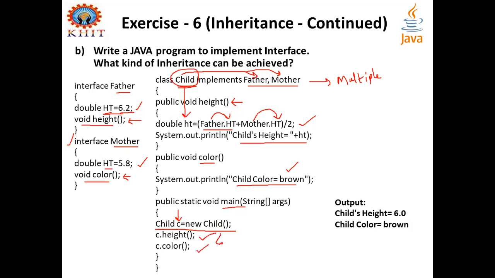So both methods can be invoked by this object of the child class, and they are implemented in the child class; those are the abstract methods from the two interfaces, father and mother. So this is the way of implementing interfaces to achieve multiple inheritance among interfaces and classes. So go to the execution part of this one.